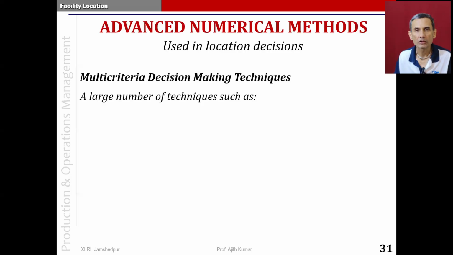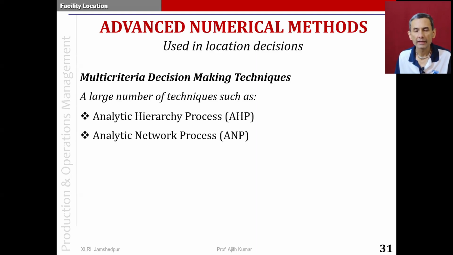They are known by the broad term multi-criteria decision-making techniques. A large number of techniques are available, such as the analytic hierarchy process, the analytic network process, DEMATEL, and so on. There are many other methods too. So in this way, numerical techniques can be used to help us identify the best location or at least a good location for setting up a new facility.